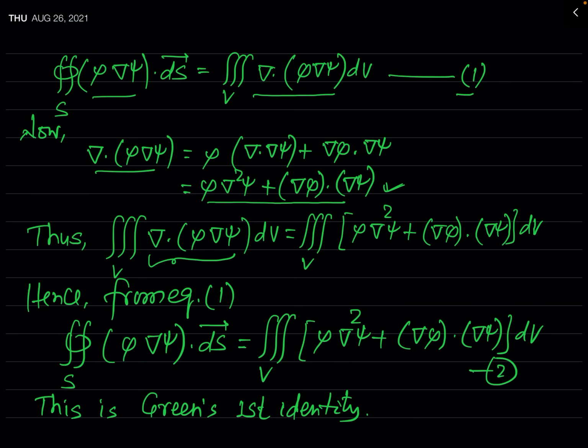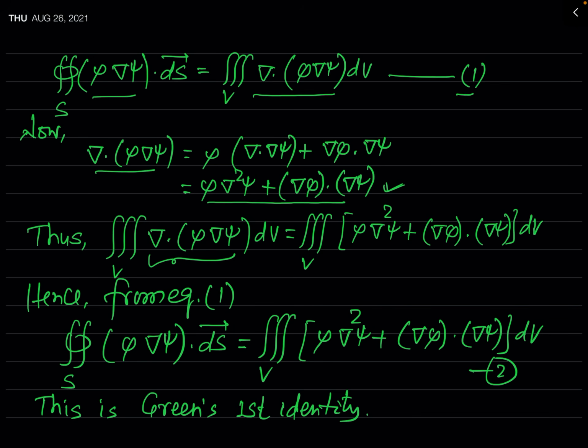For this you have only to do the interchange of phi and psi. It means in this equation 2 we will simply interchange phi and psi. What does it mean? It means at the place of phi everywhere we will write psi, and at the place of psi we will write phi.